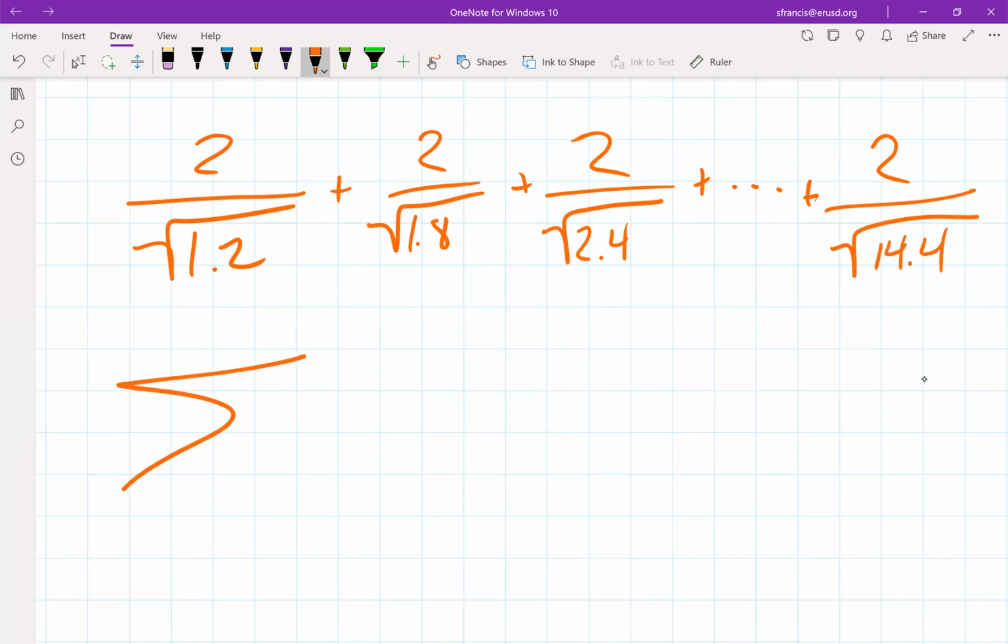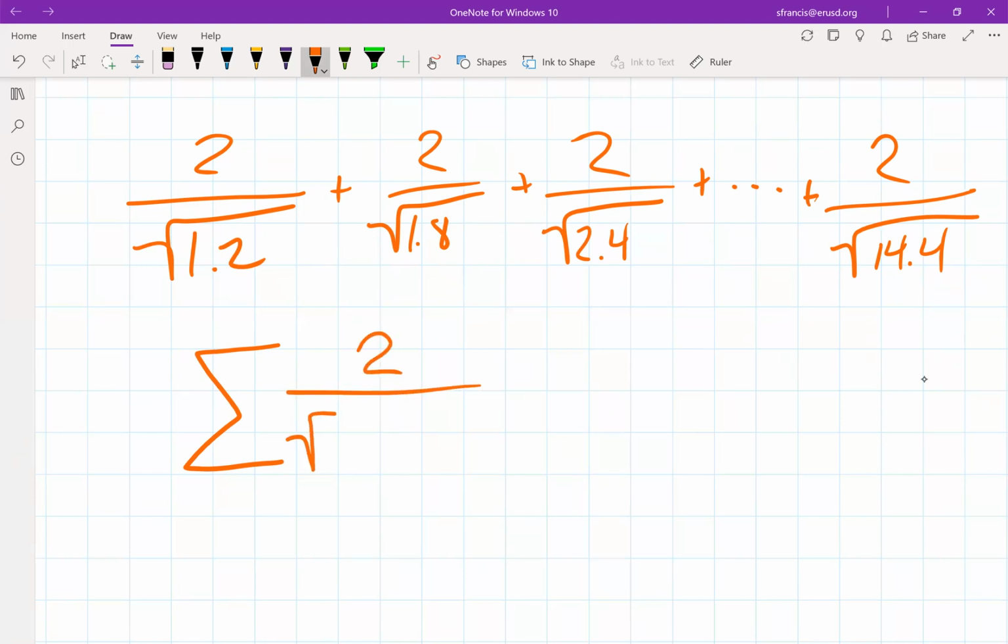So when I go to start building this with my sigma, that looks a little too crazy. What's always here? We always have a 2 in the numerator and a square root in the denominator. So I start by populating my argument with those things that are always there, like I told you in the last couple of examples.